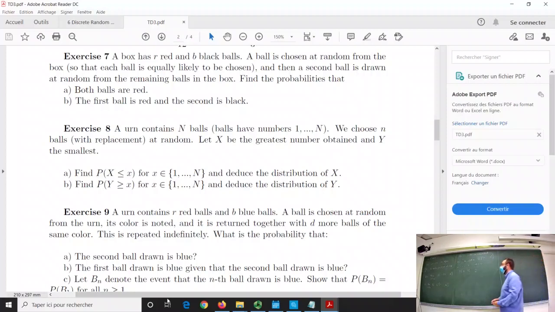But 3 can appear 1 time, 2 times, 3 times, or capital N times, and for the other it can be 1, 2. So I have several cases to consider. It may be a little bit complicated to do this way because I can get confused. I can count even twice, or I can forget some.